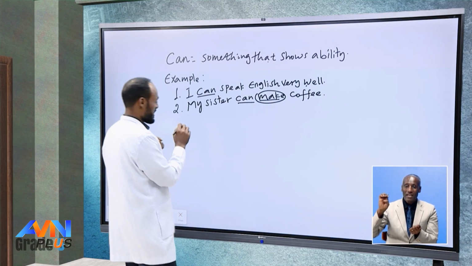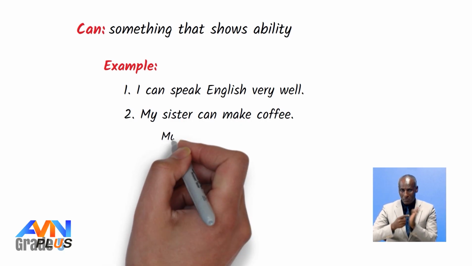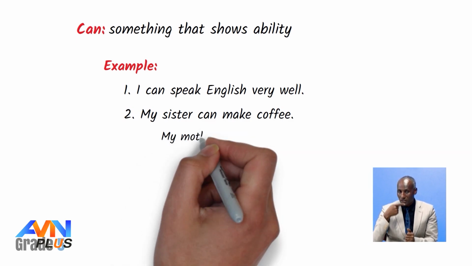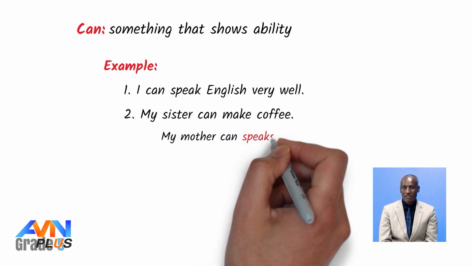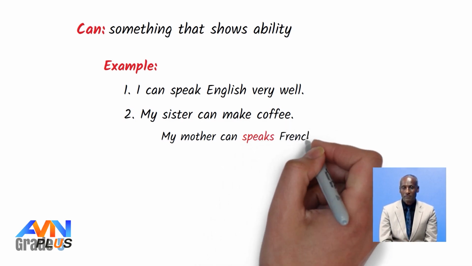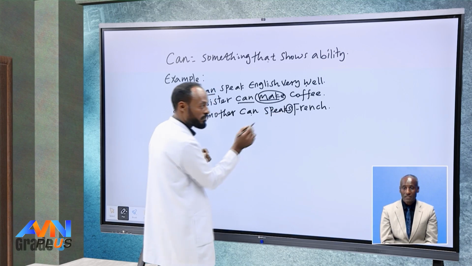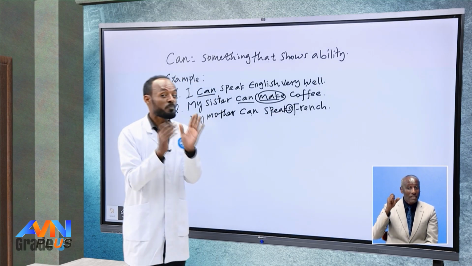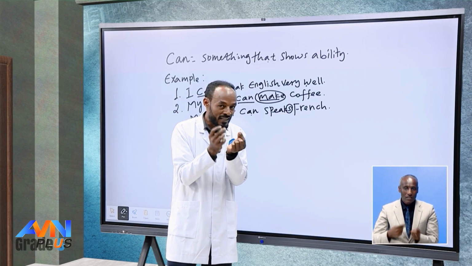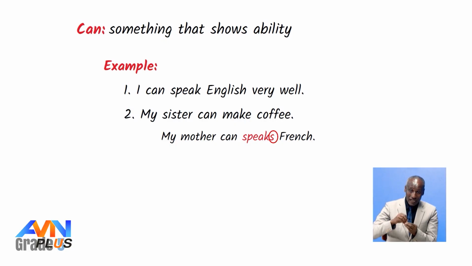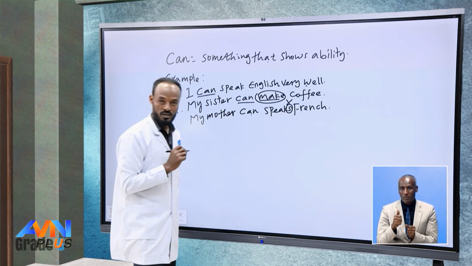We cannot say, for example, my mother can speaks French. We cannot say this because speaks is impossible. We add the letter S. It is impossible. So we have to say speak. My mother can speak French.